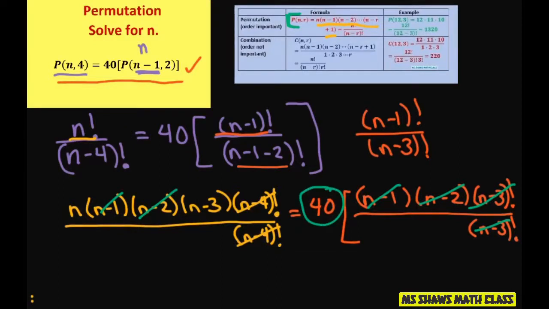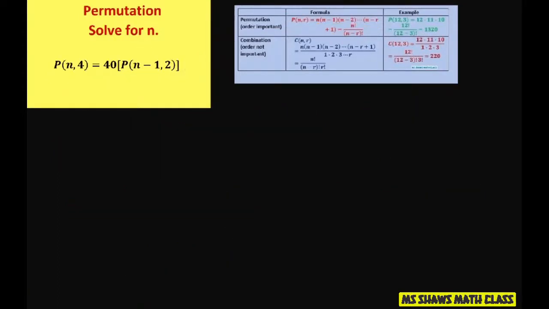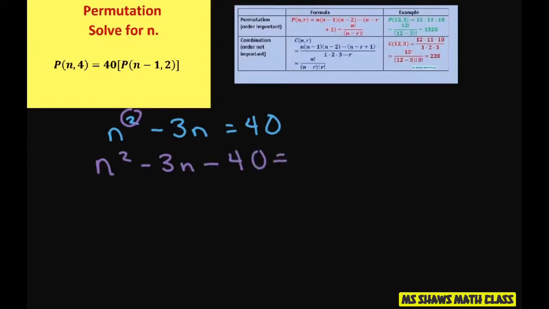And on the left hand side we have n times n minus 3 equals 40. This is going to be a quadratic equation. So we're going to write this as n squared minus 3n equals 40. And since it's quadratic, let's subtract the 40. n squared minus 3n minus 40 equals 0.